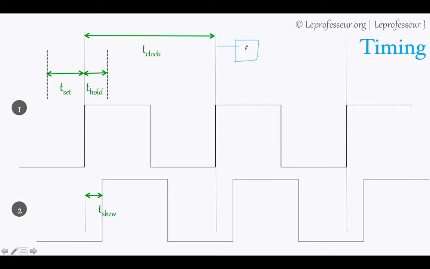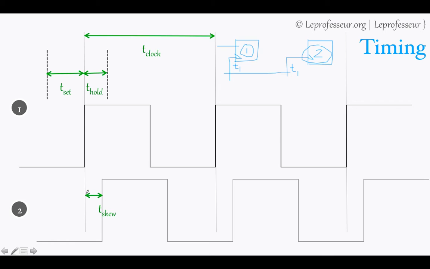So what essentially skew is, let's say this is your first flop, this is the second flop. Now say you expect that in the same clock cycle the clock will arrive here at time t1, and at the same time it should go to the other flop, but it doesn't happen in practice.